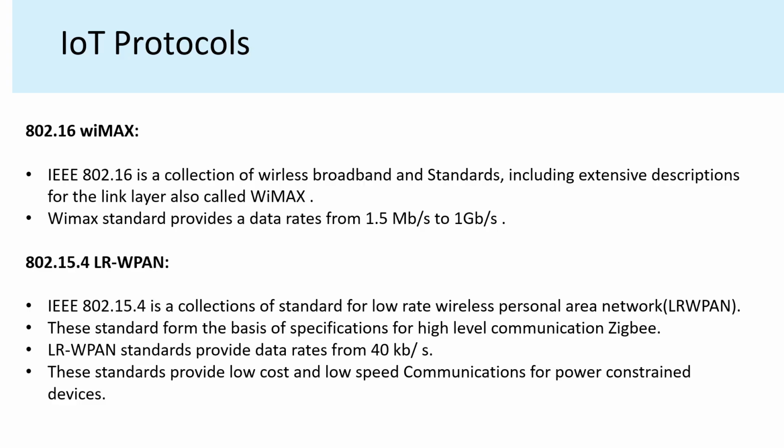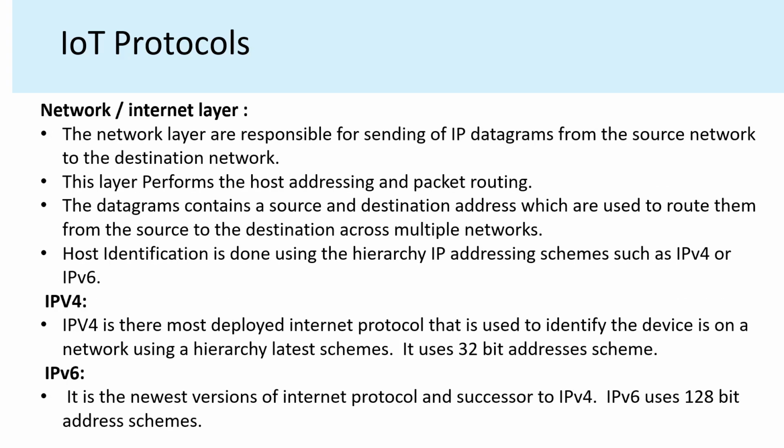IEEE 802.15.4 is a collection of standards for low-rate wireless personal area networks. These standards form the basis of specifications for higher-level communication protocols such as ZigBee. The low-rate wireless personal area network standards provide data rates from 40 kilobits per second. These standards provide low-cost and low-speed communications for power-constrained devices.